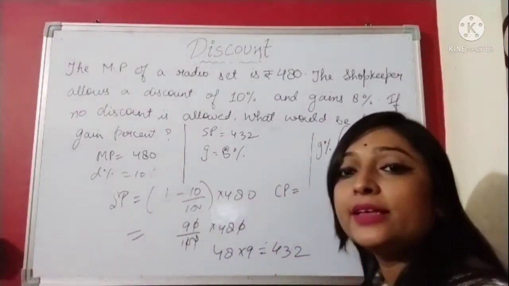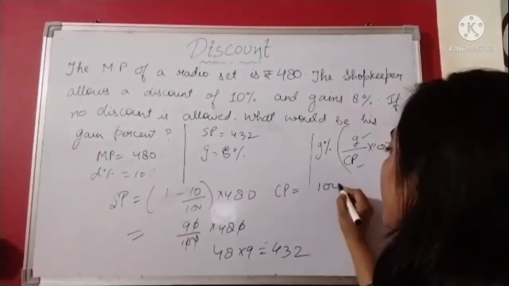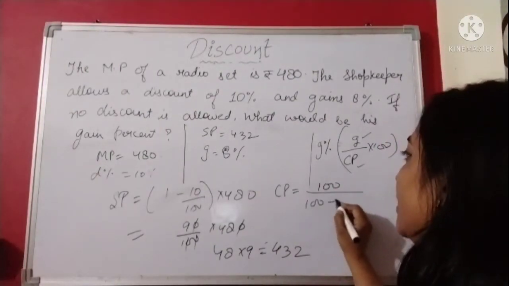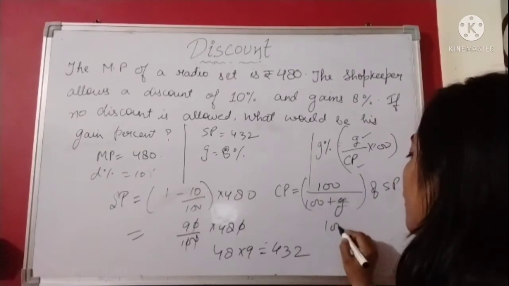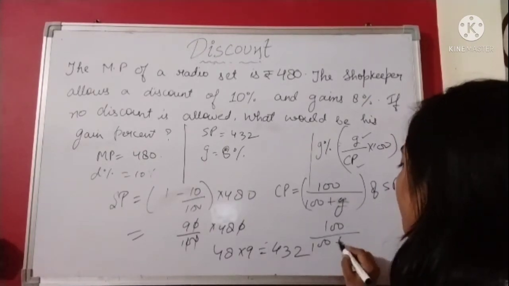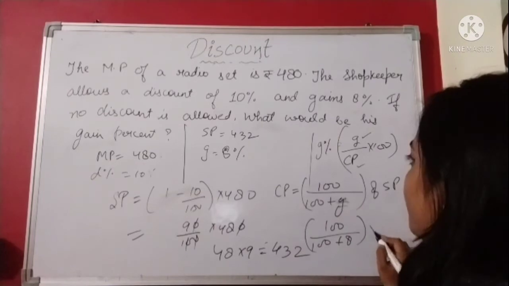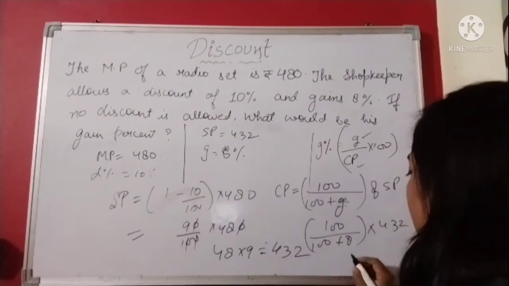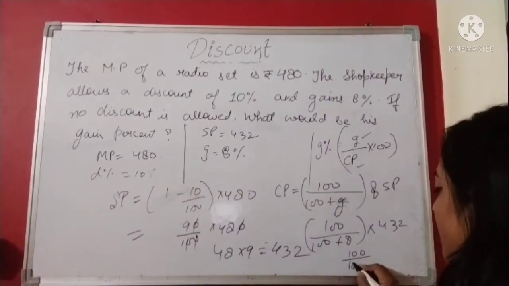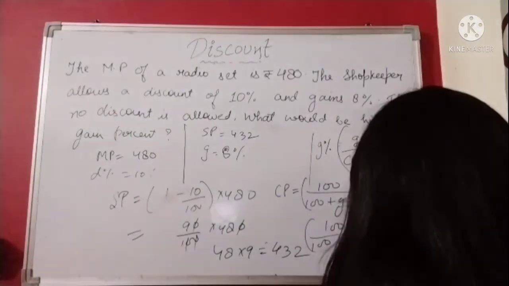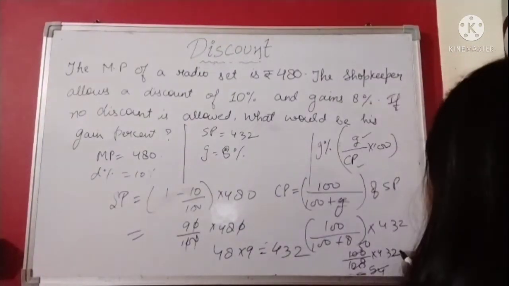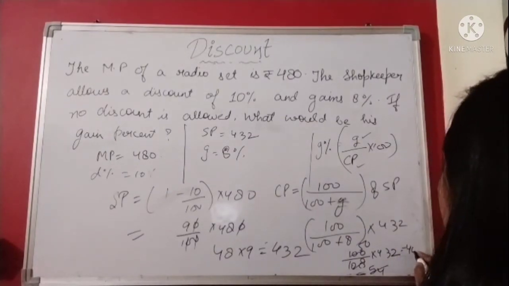When we have SP and gain percent, the formula is 100 upon 100 plus gain percent of SP. Simply we are going to substitute this value 8 of 432. So 100 upon 108 into 432, which we will simplify and get the answer as 400.